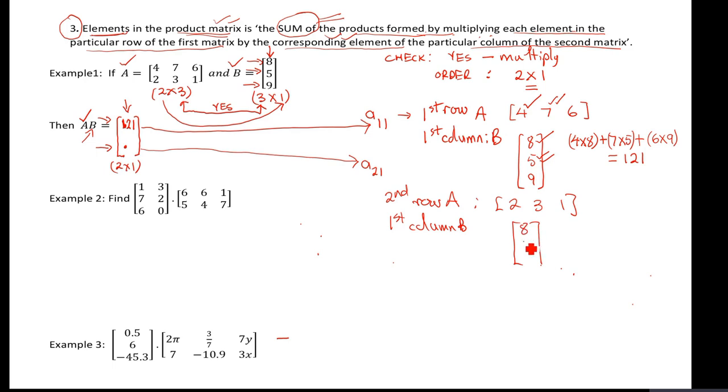That's the same, 8, 5, 9. Let's work that out. How do I calculate this? First times first, 2 times 8 plus 3 times 5 plus 1 times 9. And when we work that, 16, 15, what is your answer? 40. And that is the second entry, 40.